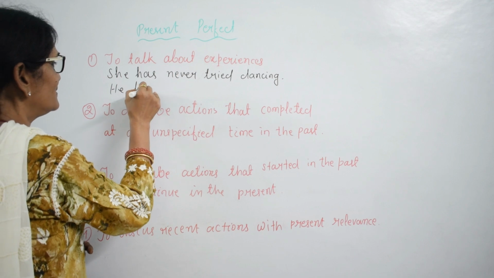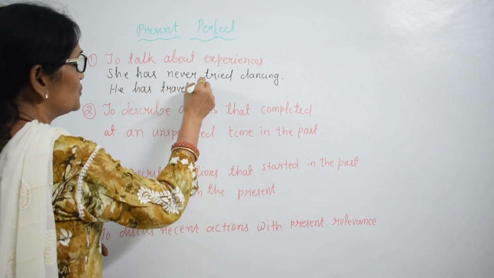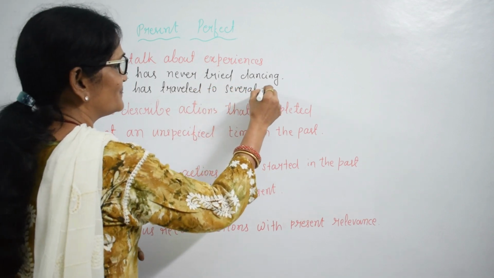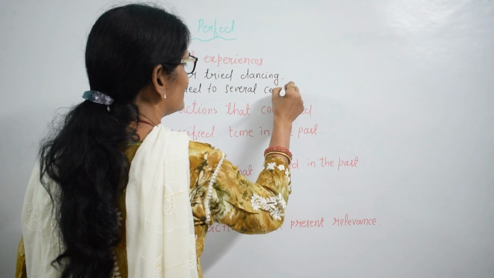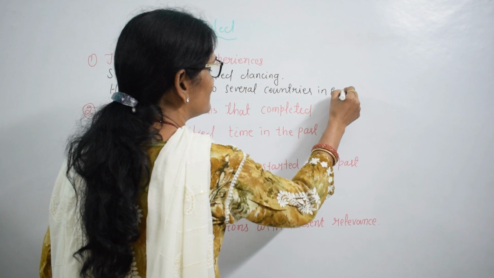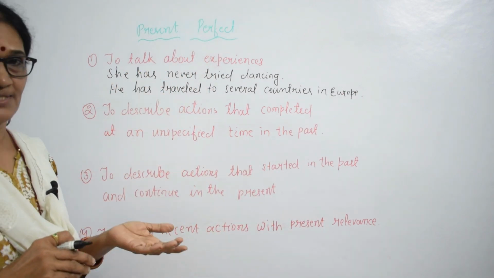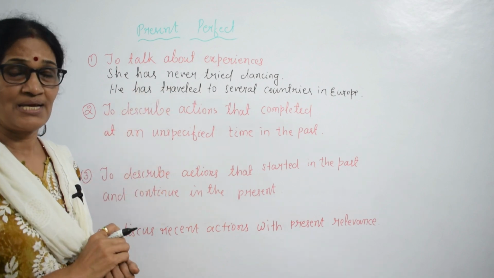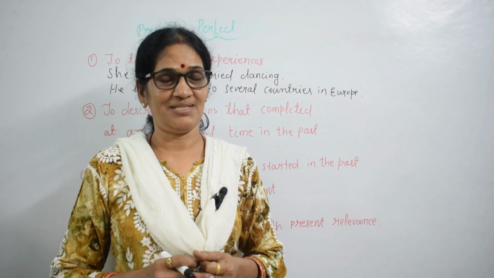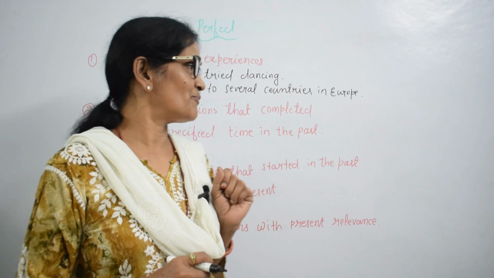He has traveled to several countries in Europe. So to talk about experiences, we use present perfect. I have eaten dragon fruit. I have worked hard in my life. The experiences we have to express in present perfect.